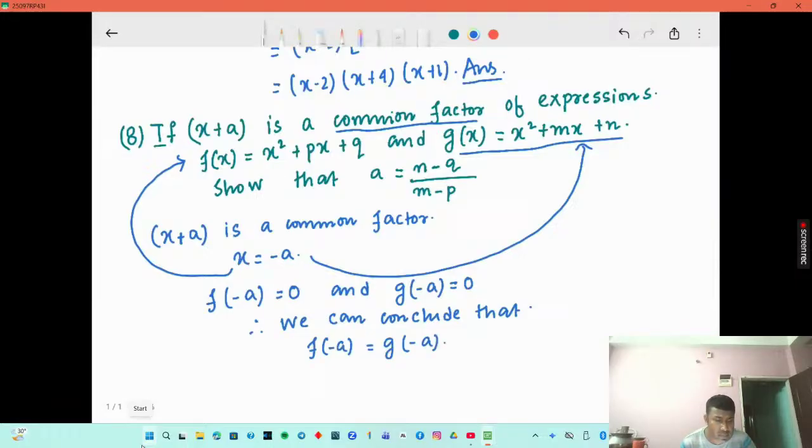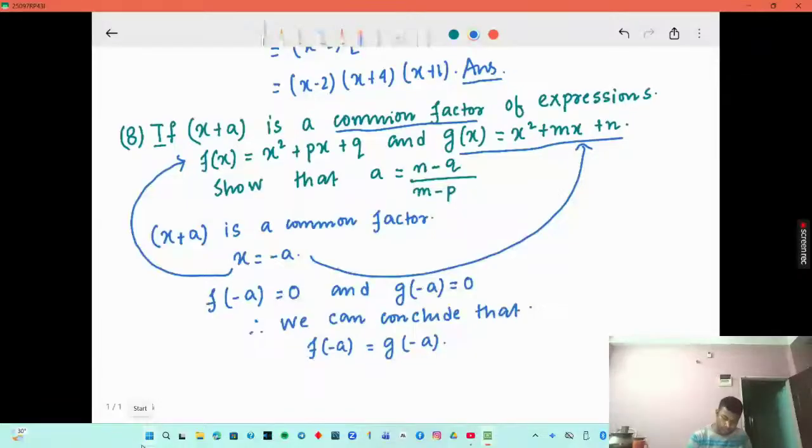So what can we conclude? f(-a) is equal to g(-a), as x plus a is a common factor of this given expression, and the resultant of that equation, if we put the value minus a, is 0.